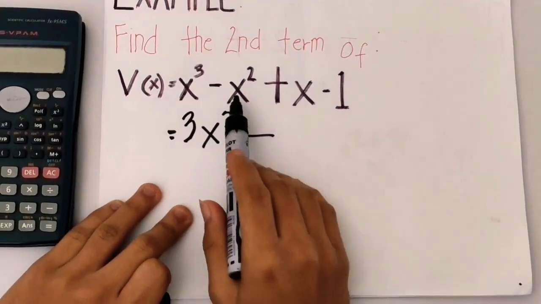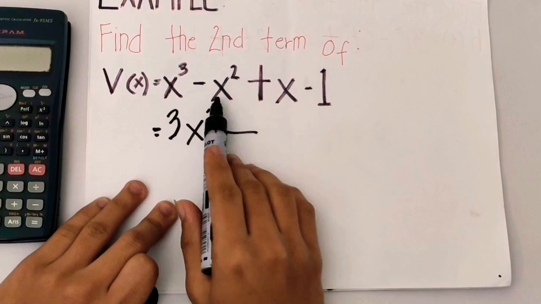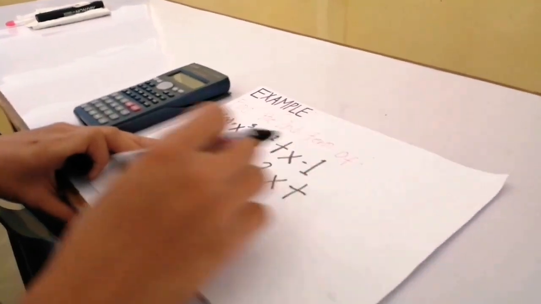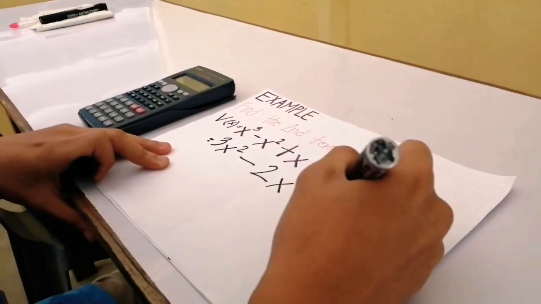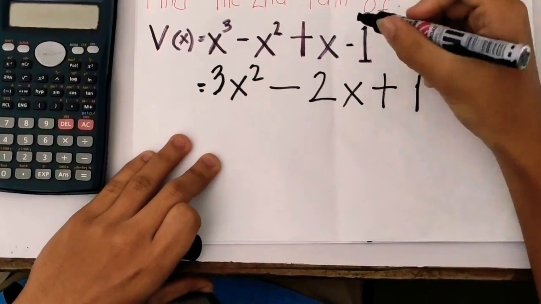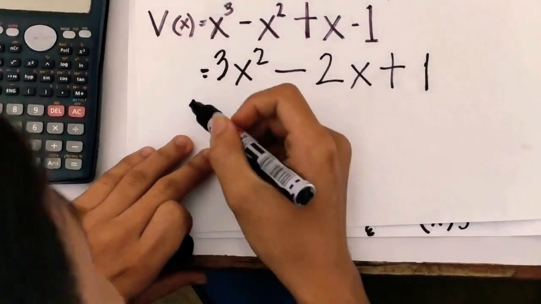Next we will find the derivative of x squared. The derivative of x squared is equal to 2x, plus the derivative of x is equal to 1. And because the number is constant, it will automatically cancel. So, this is our first derivative.